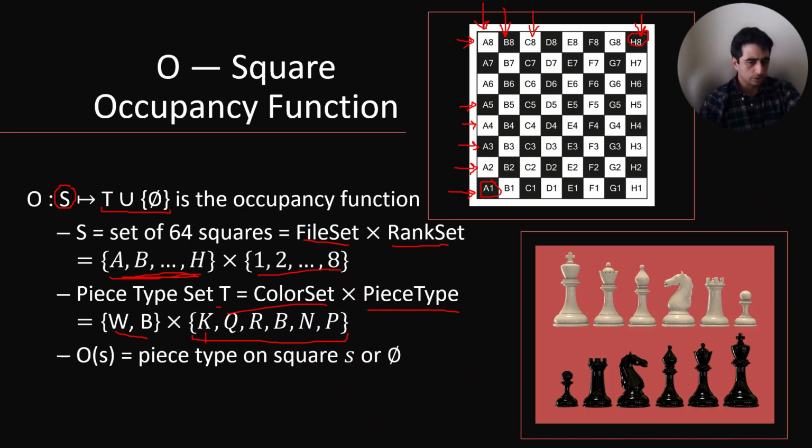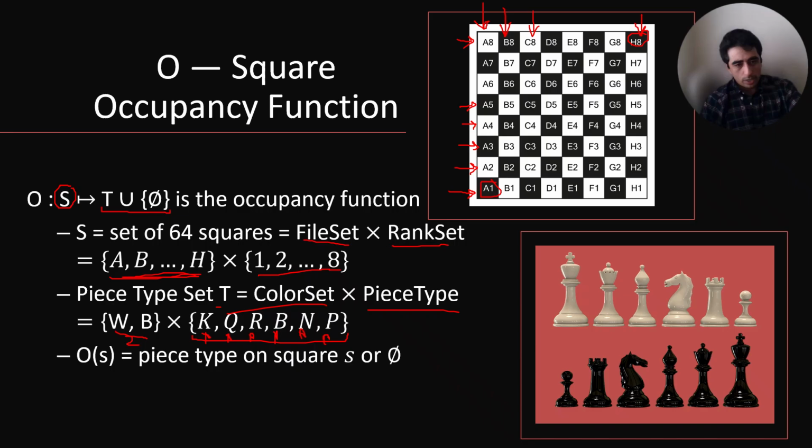So these letters represent the piece types. When you multiply them, you have 2 elements in the color set, and then you will have 6 elements in the piece type. 2 times 6 will give you 12 different piece types, and then the set T will have 12 elements.